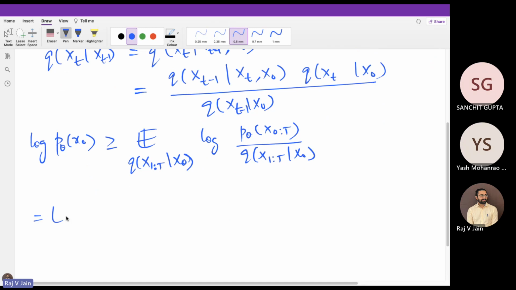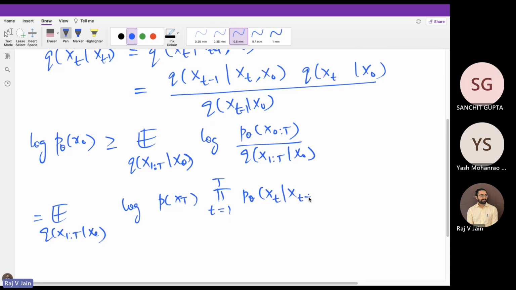This is equal to the expectation of log, same, p of xT, times the product of p theta of xt minus 1 given xt, and the same thing here, t equal to 1 to capital T, q of xt given xt minus 1.